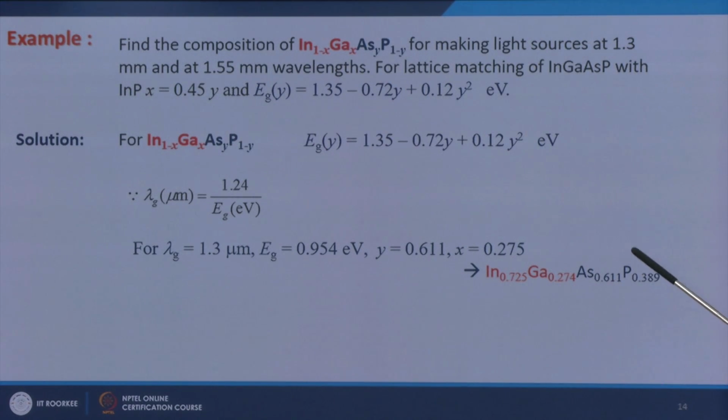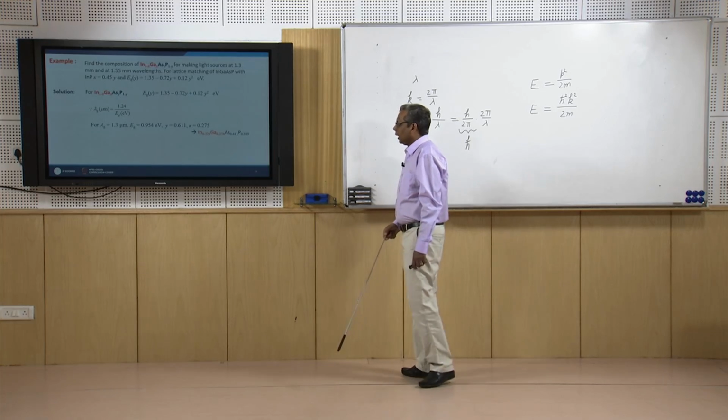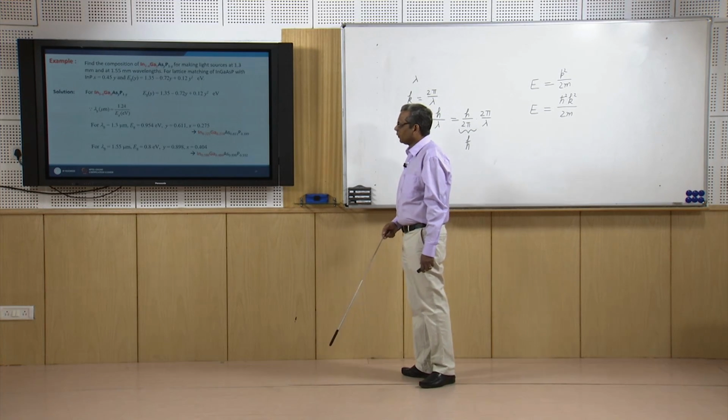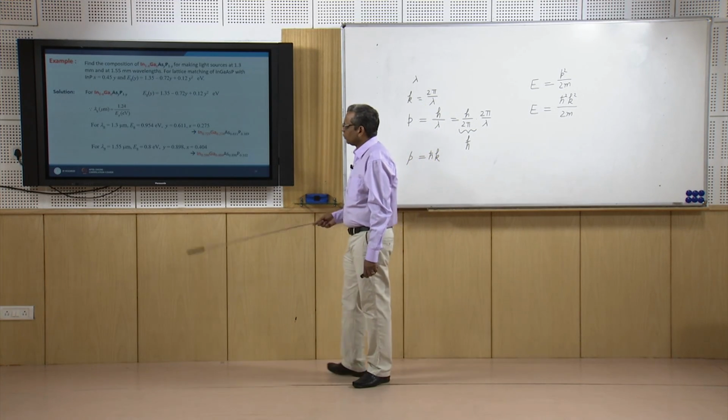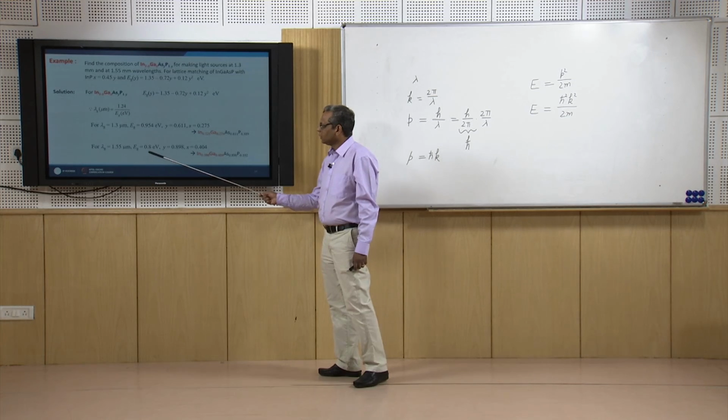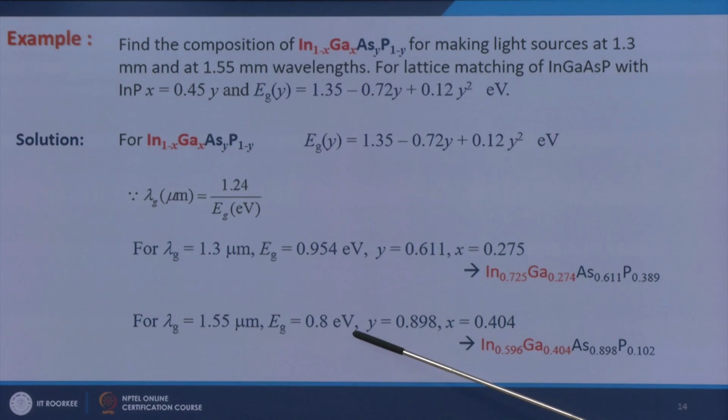So, I can have the complete composition of indium gallium arsenide phosphide for lambda g equal to 1.3 micrometer. I can do the same for 1.55 micrometer. For 1.55 micrometer, Eg will come out to be 0.8 electron volts, and this will give you the composition of indium gallium arsenide phosphide like this.